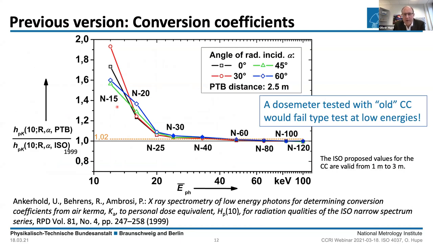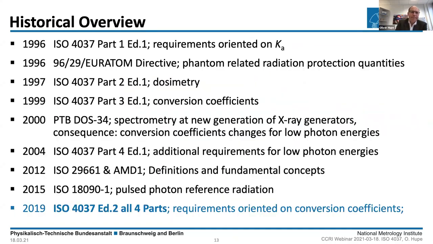In fact, that means, and that happens, that if you have a dosimeter which you test at a lab using the old conversion coefficients, it will fail the type test. If you use the new conversion coefficient for the new X-ray generation, this instrument passes the type test brilliantly. That was the reason that we decided that a revision is really needed.